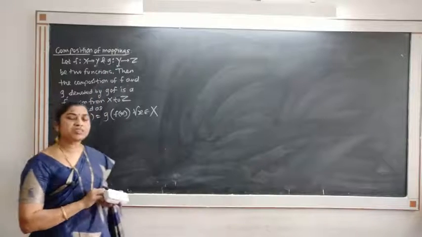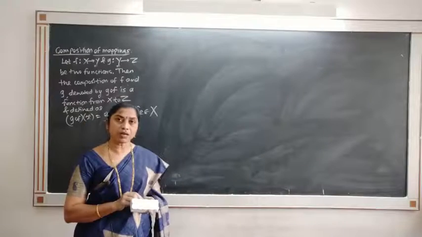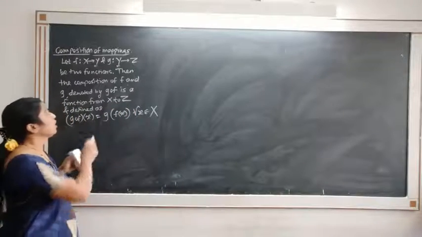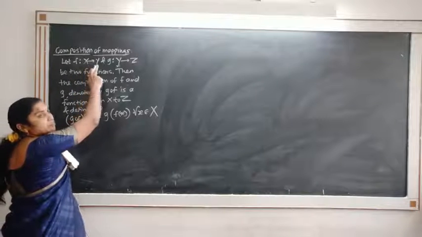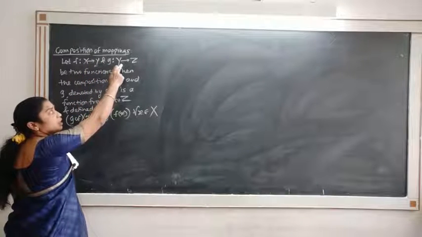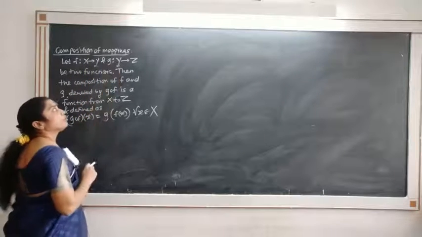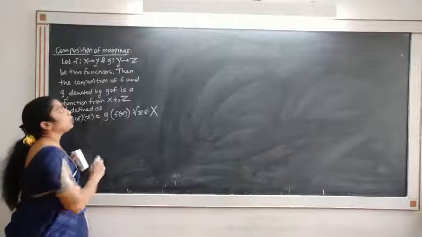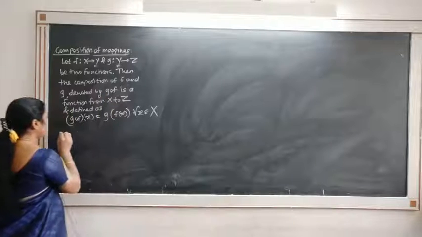It is not necessary that they should be the same, but if you want to define g composite f, then the range of f must be contained in the domain of g.